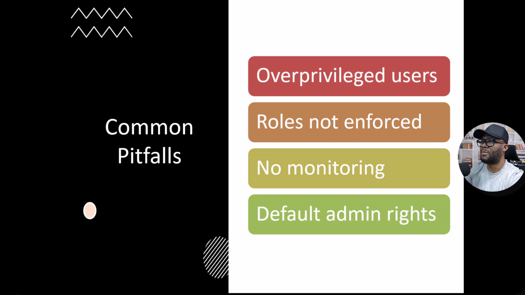So what are some common pitfalls? These are real failures that we see in the industry. We have overprivileged roles: everyone has admin, convenience over security. You have role definition without enforcement, which looks good on paper but is not implemented.